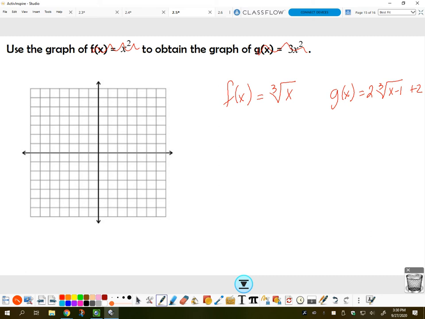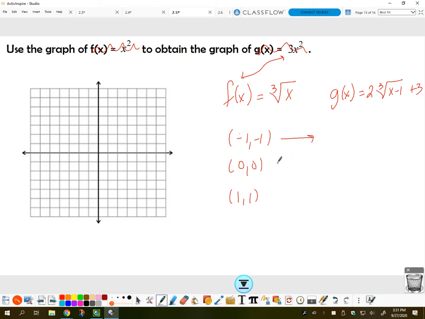Well, let's make that a different number, because I want all the numbers to be different. We'll say plus 3. All right, so for cube root of x, we have -1, -1, 0, 0, and 1, 1. And we know it's the one that looks something like that.